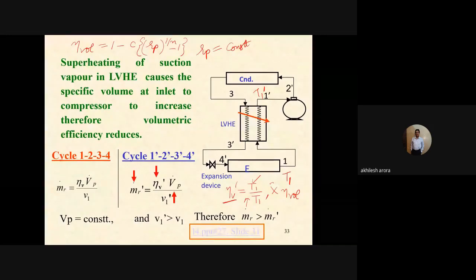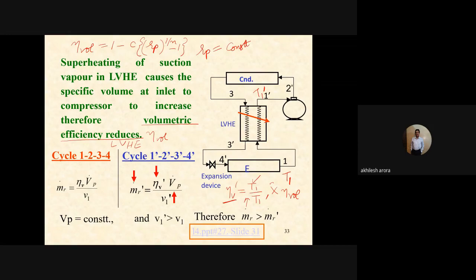Volumetric efficiency reduces by incorporating the liquid vapor heat exchanger. So when the volumetric efficiency goes down, what will happen to the mass flow rate? In both the cases, Vp is the same. Then the specific volume, in the second case, when we have incorporated the liquid vapor heat exchanger, V1 dash increases.